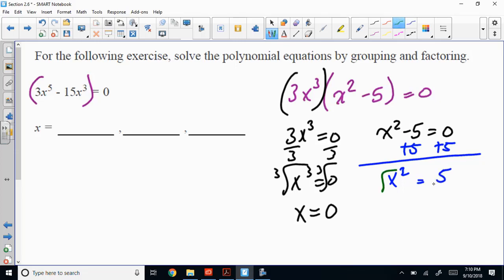And then we'll take the square root of both sides. And then x equals plus or minus square root of 5, right? So they're looking for 3 answers. Even though it's a 5th degree polynomial, when you're looking at this, there's only going to be 3 roots.